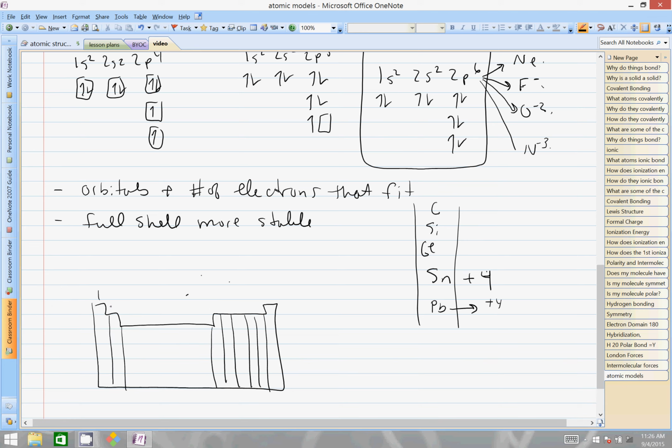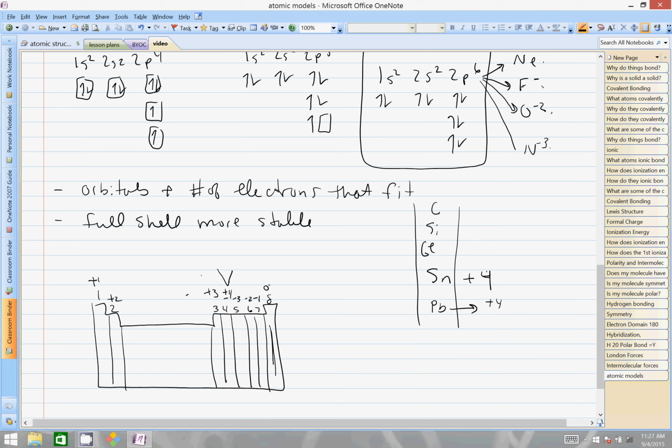One valence electron, 2 valence electrons. These are the number of valence electrons. Okay, and then their most common charge the family takes on based on acquiring a full shell would be plus 1, plus 2, plus 3, plus or minus 4, and this is the tipping point, minus 3, minus 2, minus 1, and nothing.